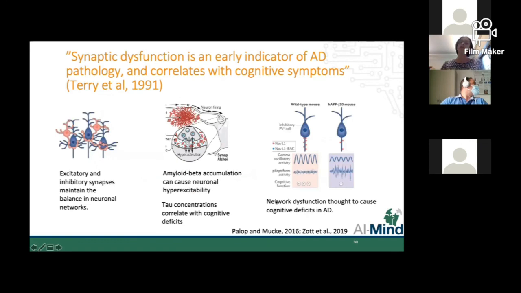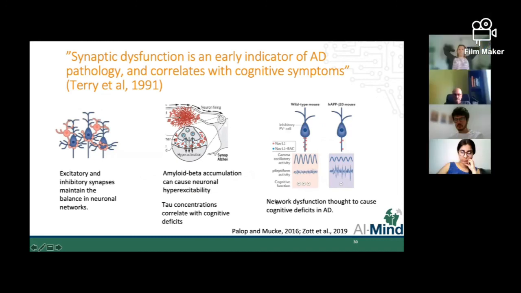So what about neurodegeneration? Well, we talked about excitatory and inhibitory synapses and how they maintain the balance in neural networks. Now we know in Alzheimer's disease that synapses are affected. So both amyloid beta and tau aggregations cause problems at the synapses.